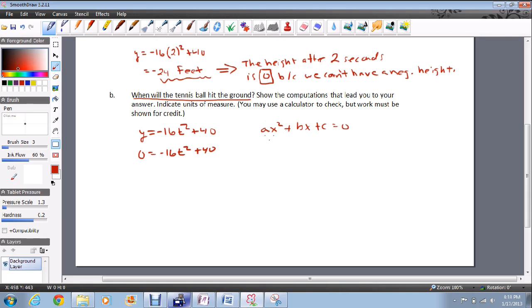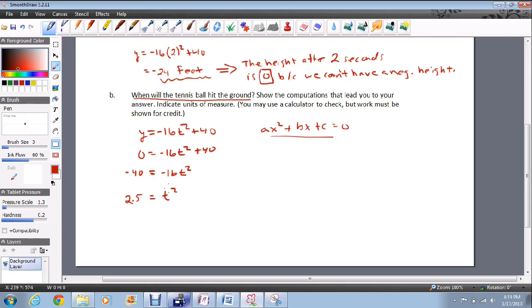If we had this situation, we'd have to use the quadratic formula, but I don't think our final exam has anything involving the quadratic formula, so we're not going to worry about that right now. We can solve this a lot easier by simply subtracting 40 from both sides, so we get negative 40 is equal to negative 16t squared. Divide by negative 16 on both sides, we get t squared is equal to 2.5.